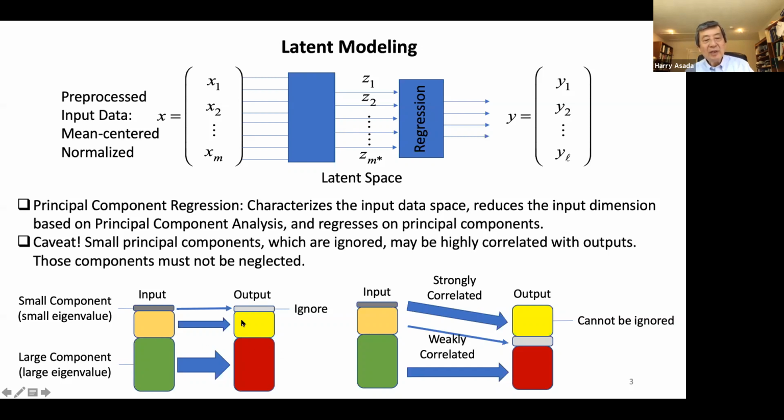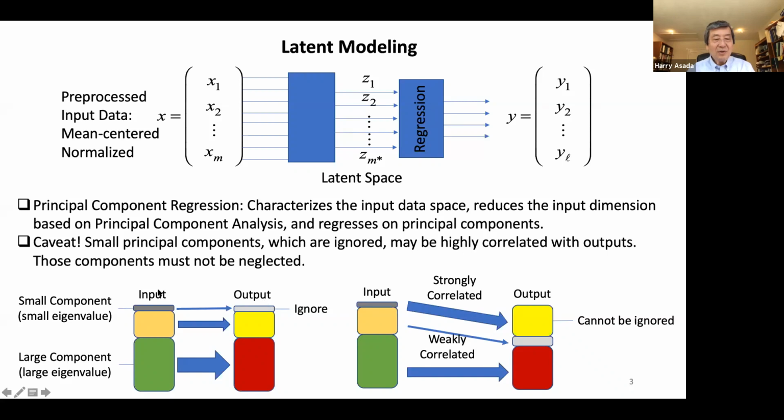So there's some kind of strong relationship between the two. In contrast, for a component having a very small eigenvalue in the input covariance matrix, we quietly assume that such a small component in input space may be negligible, not too significant in predicting output y. Well, that is somewhat questionable, right?